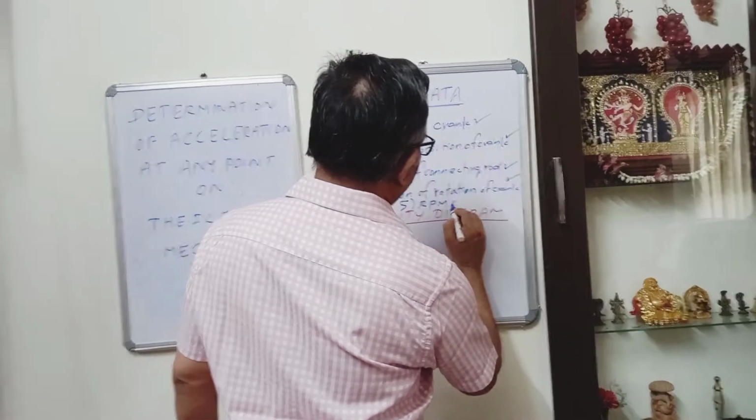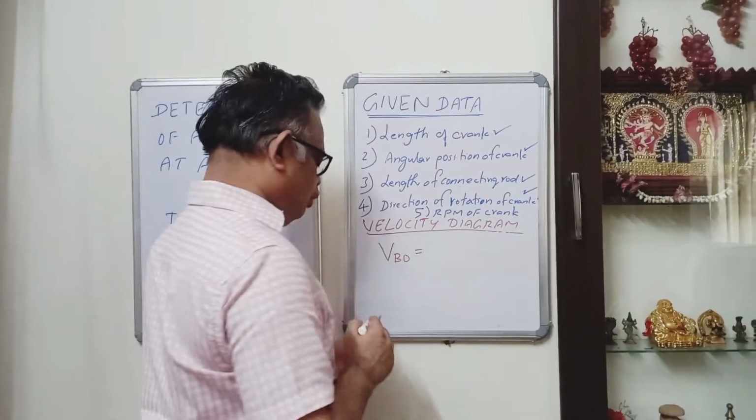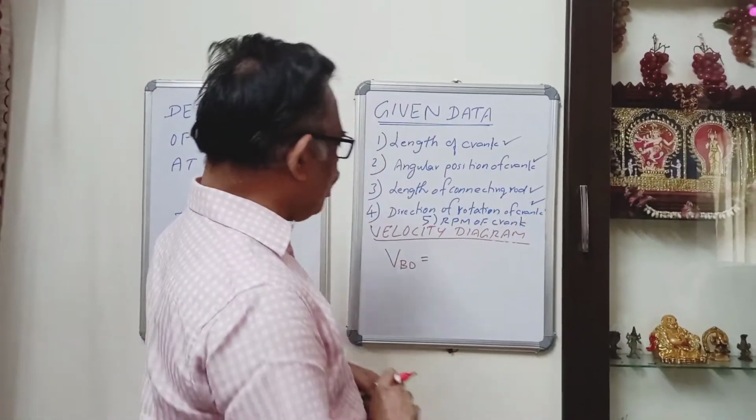So the RPM of crank also should be given. Without that nothing can be done.